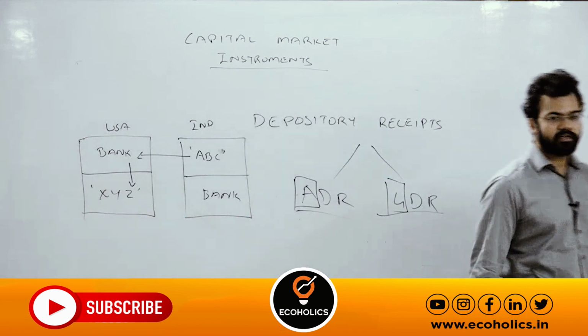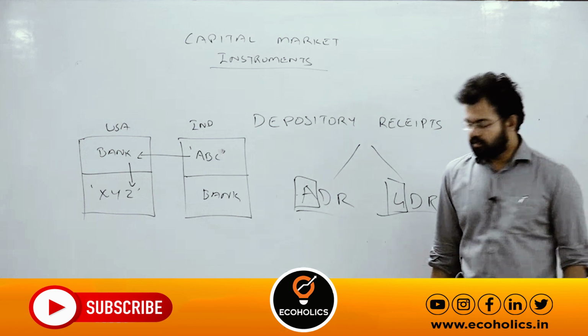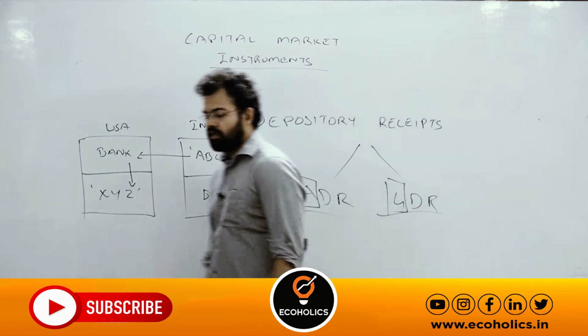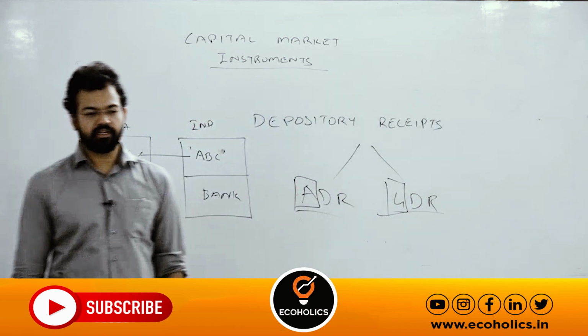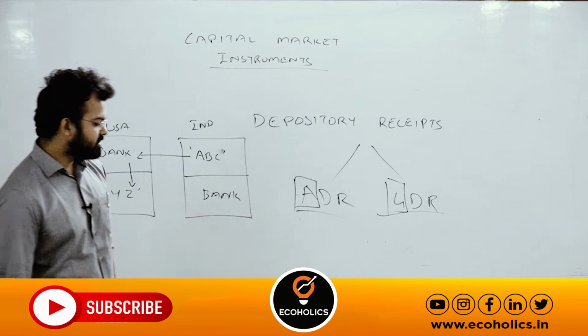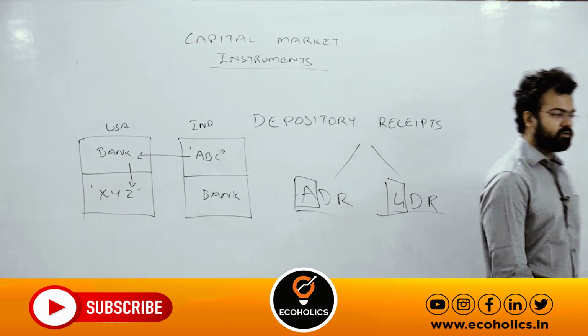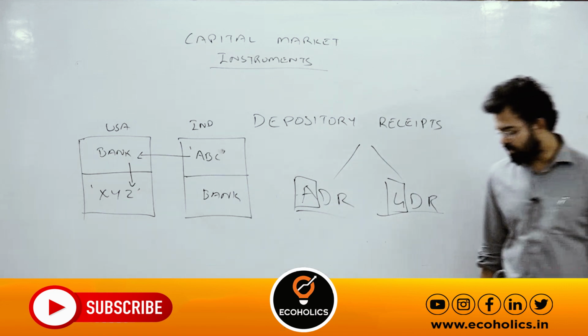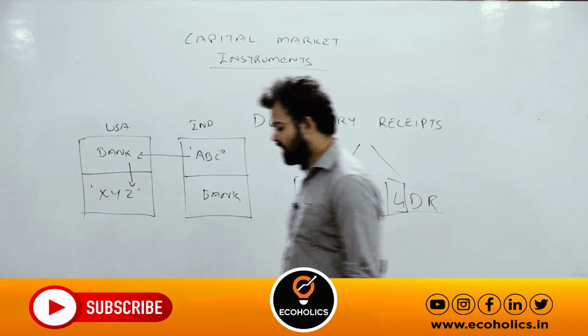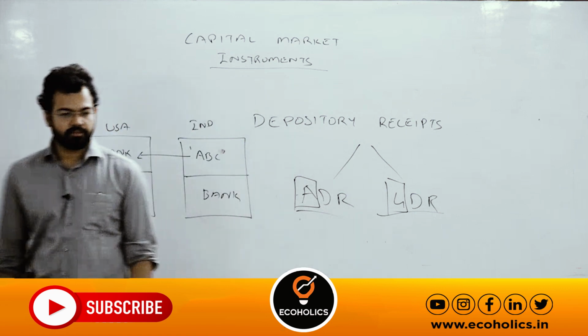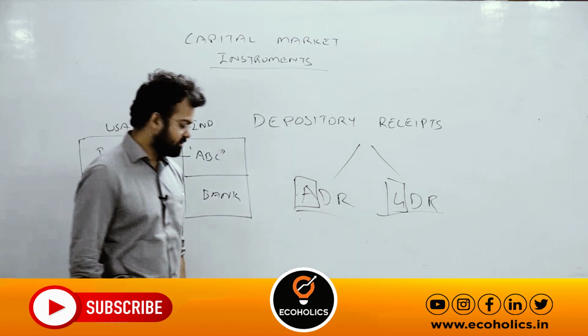Write fast a little bit. And if it is issued in countries other than America, it is known as GDR, Global Depository Receipts.